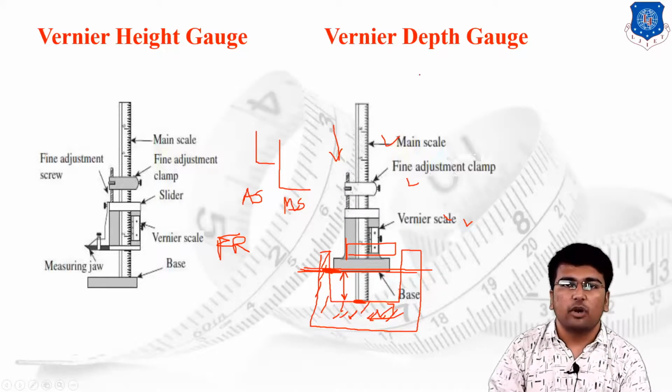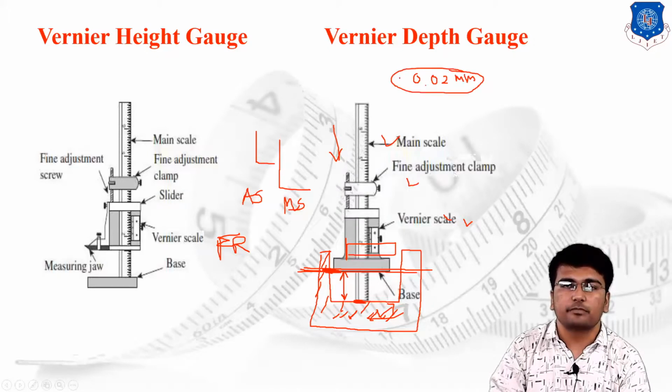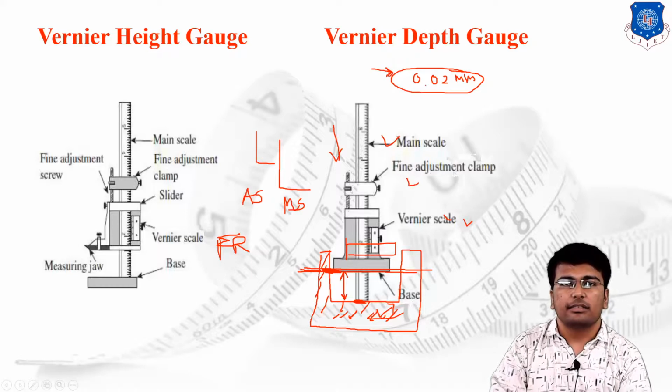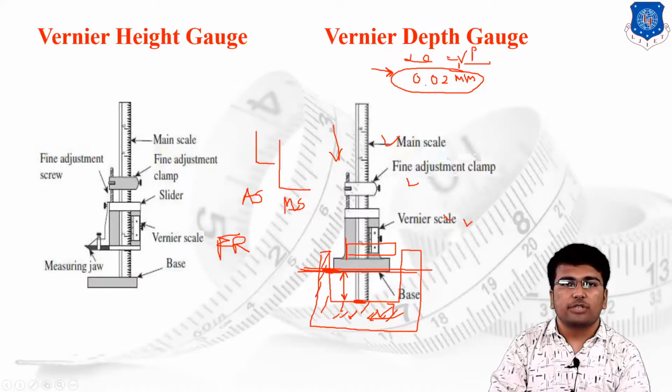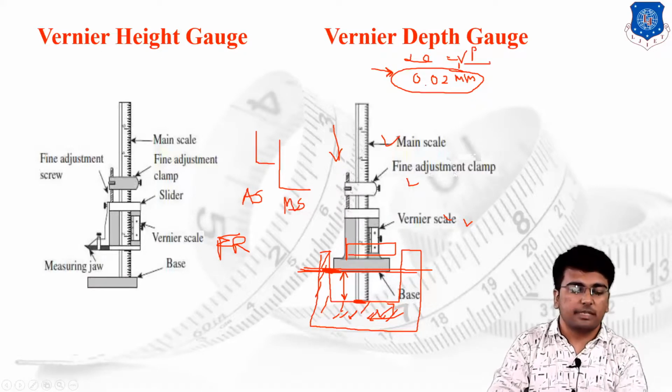Remember that in all the routine basic vernier principle instruments, the least count is 0.02 mm. This is the conventional least count of the vernier principle. Do remember this. So guys, this is the basic vernier principle.